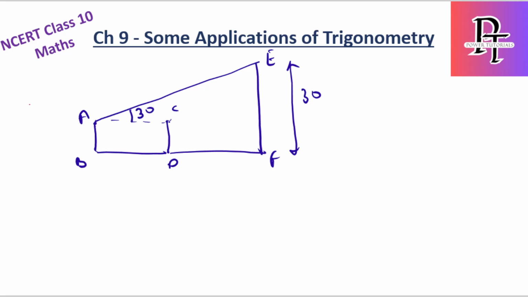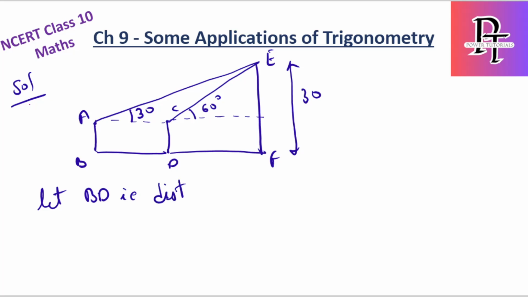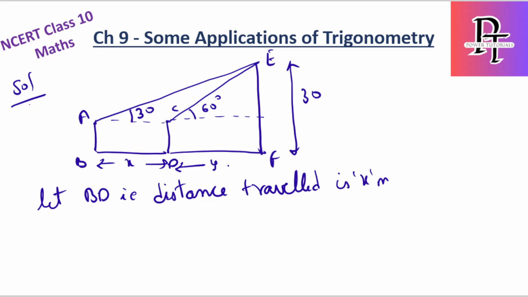From C the angle of elevation is 60 degrees towards the top of the building. Let BD, that is the distance travelled, be X. So this is X meters. Let's make DF as Y.